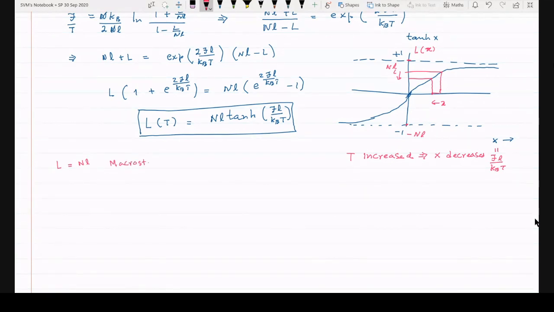What does that mean? That implies that your small n is equal to capital N. That means all the links are to the right. So if you ask what is the number of configurations for this, there is only one configuration, because all of them are right like this. So omega is simply equal to 1.